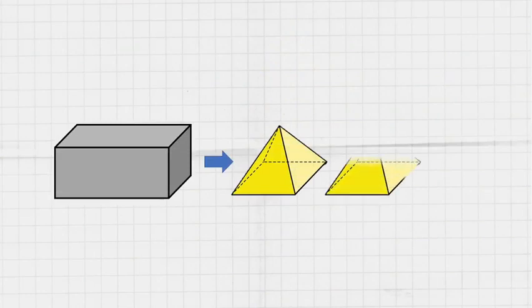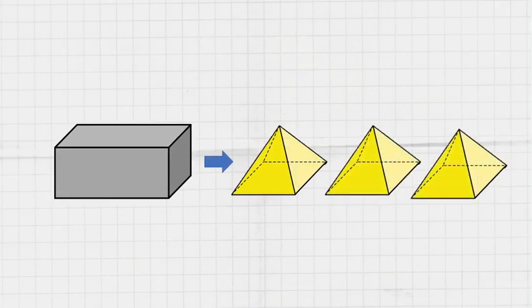We learn that one rectangular prism is equal to three pyramids, considering that they have the same height and base.